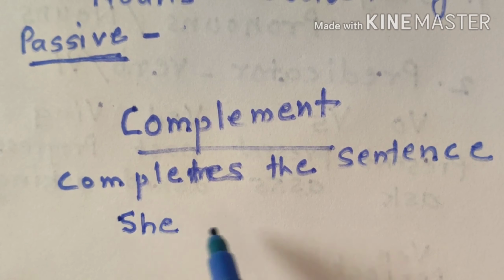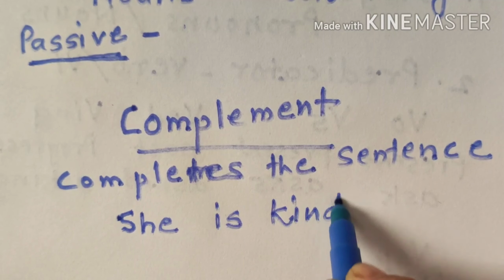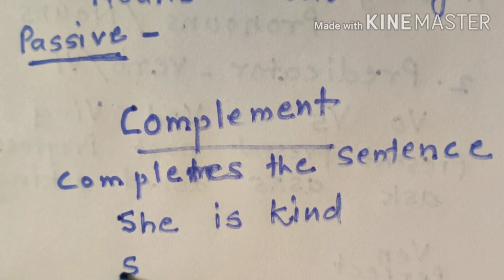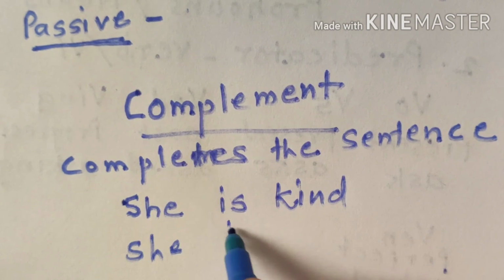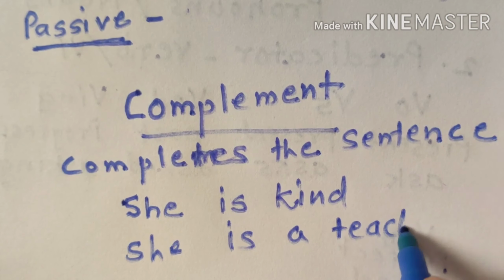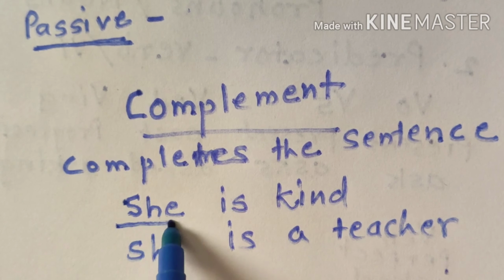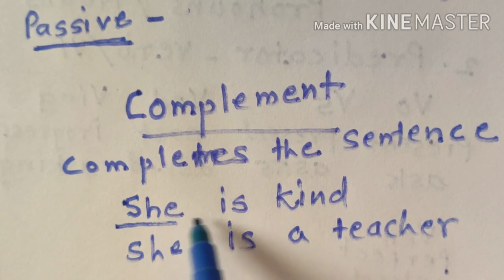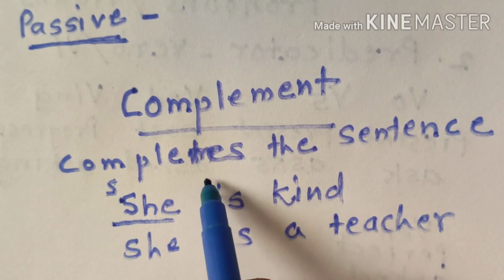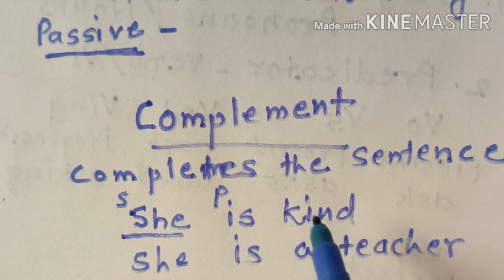For example, she is kind, or she is a teacher. Now we have seen here that she is the subject, is the predicator, and kind is called the complement.